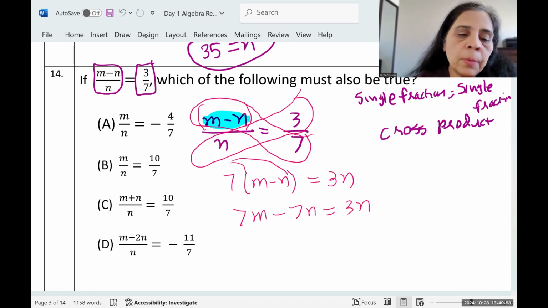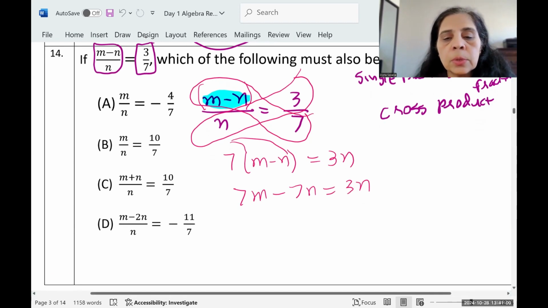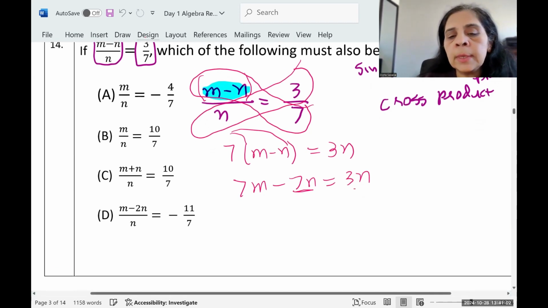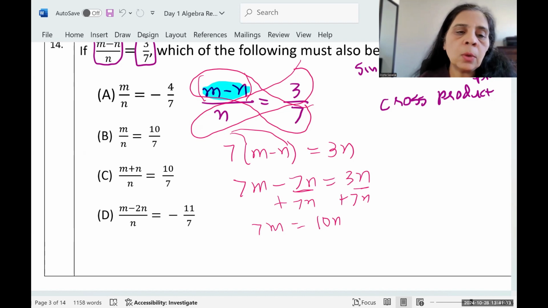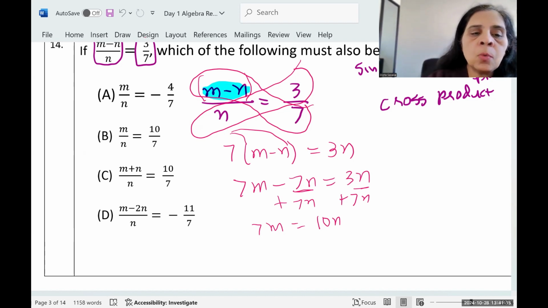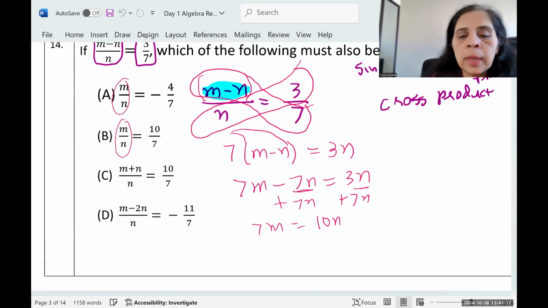Now what? We don't have any options like this. So we can see we have like terms on both sides. So I can add 7n. Right? So 7m equals 10n. Now what are we looking for? See, we have m over n. We cannot get m plus n, these things.